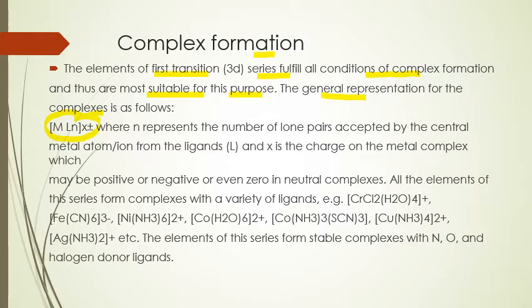What is M? M is the transition metal. The n represents the number of lone pairs accepted by the central metal atom or ion from the ligand L. So here Ln means the number of lone pairs the ligand donates to the central metal, that is the transition element, and x is the charge on the metal complex, which can be positive or negative or even zero.